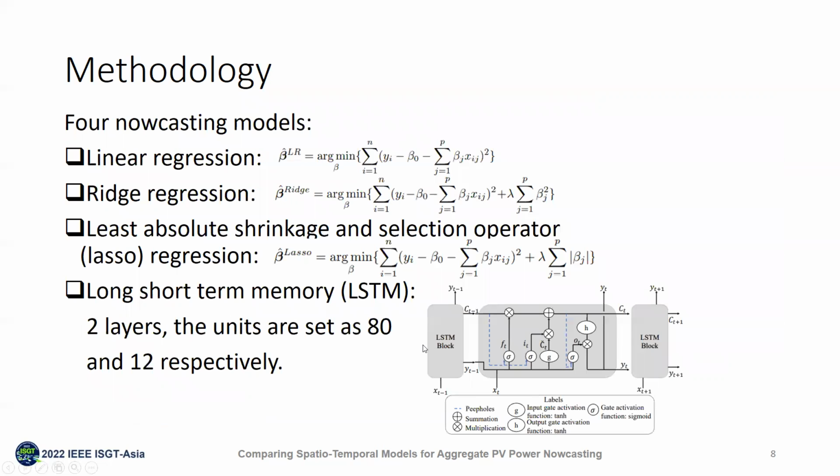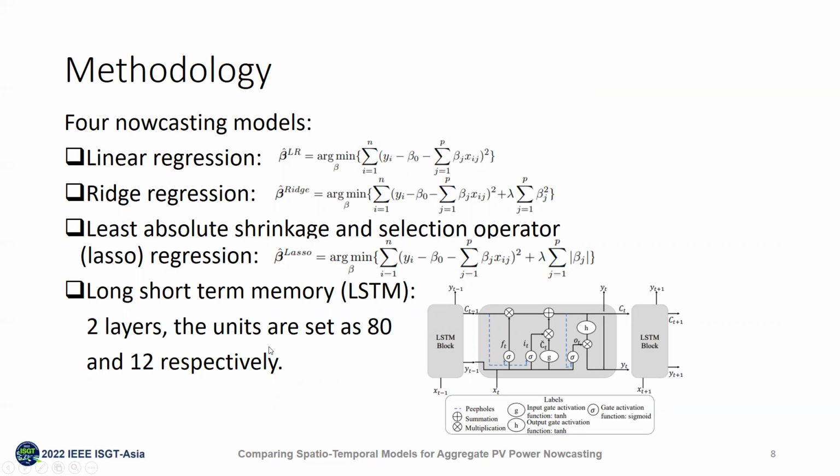There are 4 nowcasting models, which are linear regression, ridge regression, lasso regression, and long short-term memory. These are the formulas for the regression coefficients for the regression family. Here are the details of the LSTM block. For our LSTM model, we have 2 layers.